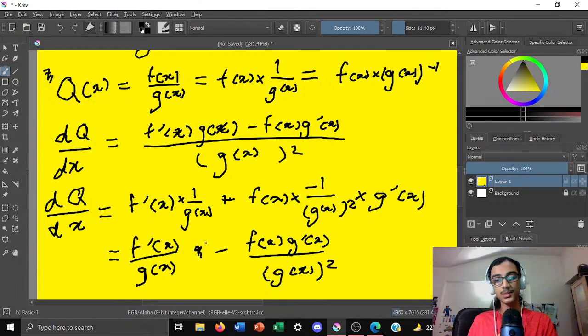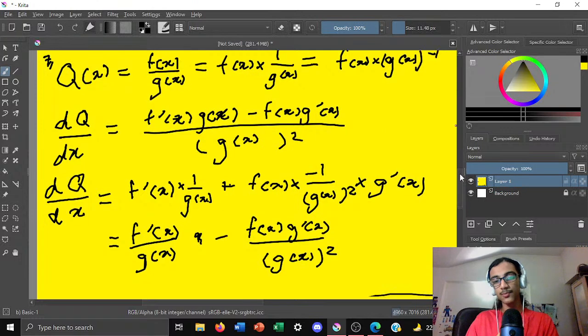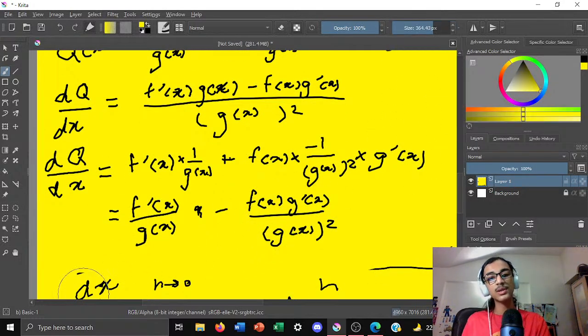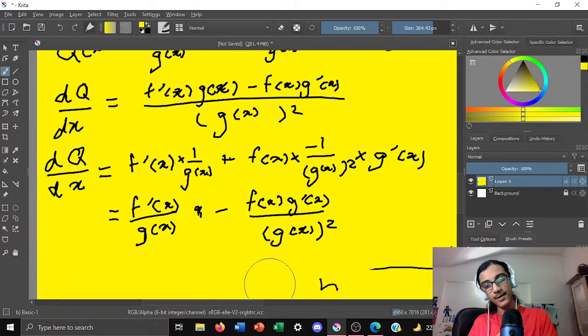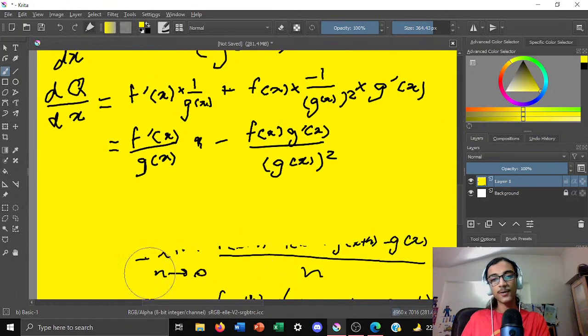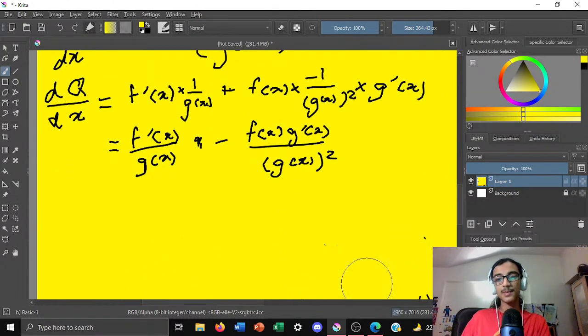This is perfectly usable and we're pretty much done, but to clean it up and make it more usable, instead of having two fractions, let's convert it into one fraction by making the denominators the same, because it can very easily be done.